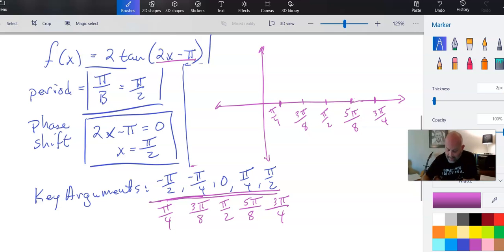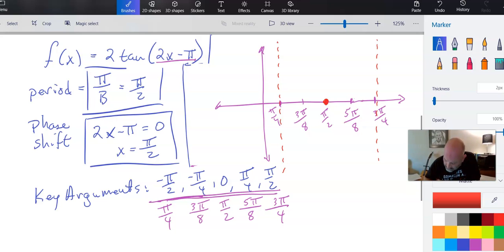Now, what that means is that our asymptotes are on the outside points, right? The 0 is right here. Then you move to your right.